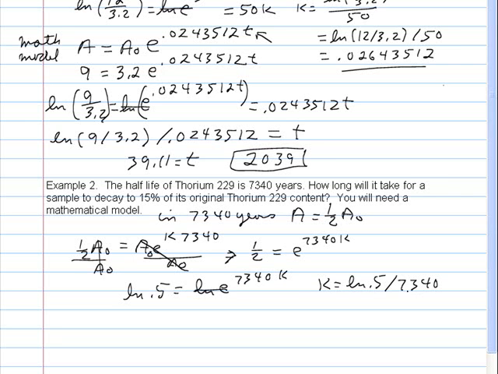Now that's not too complicated. That's not as messy as it was above, so that's what I'm going to use in my math model. I'm going to say my math model is A equals A naught E to the log of 0.5 over 7340 T. And now it knows when will you reach 15% of the original amount. Well, if A goes to 15% of the original amount, it would be 0.15 A naught.